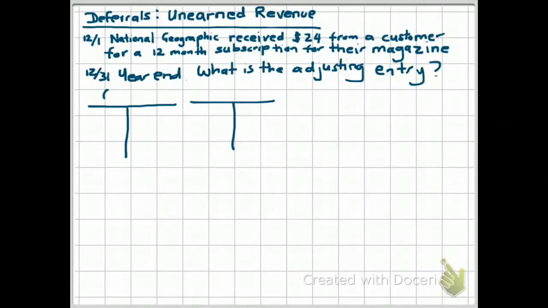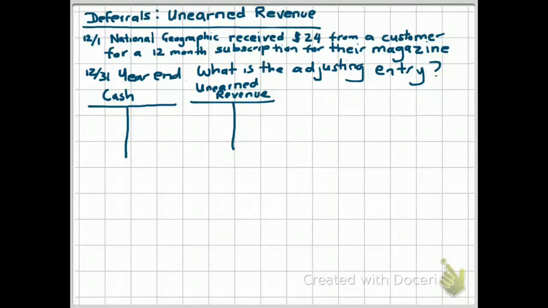On December 1st, we know that the two accounts that are affected are cash, because they sent us $24 cash, and whenever we receive cash upfront from a customer before we perform a service or sell goods, we call that unearned revenue. So it goes into an account called unearned revenue.